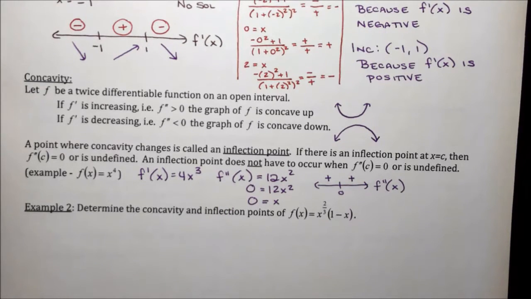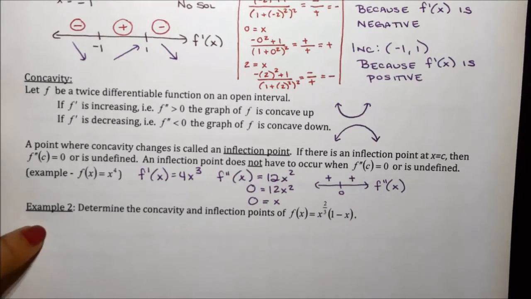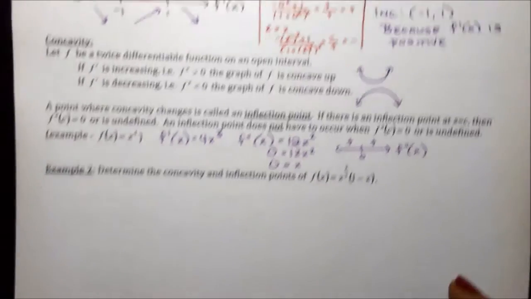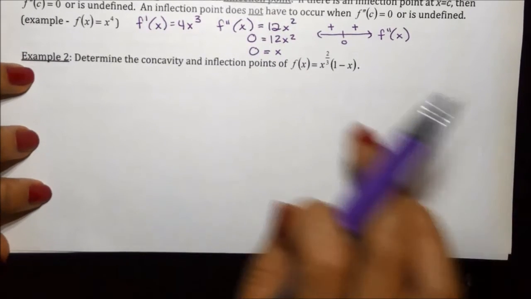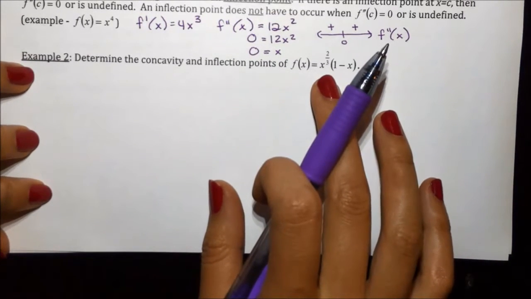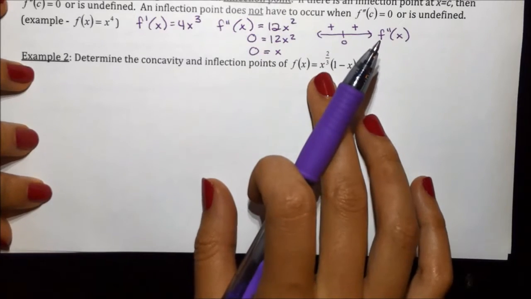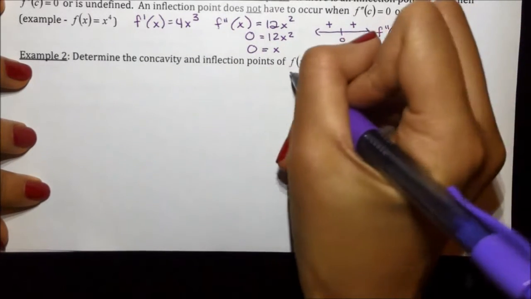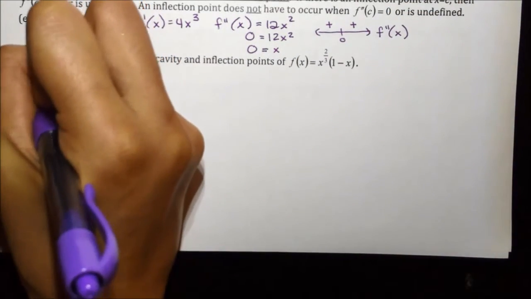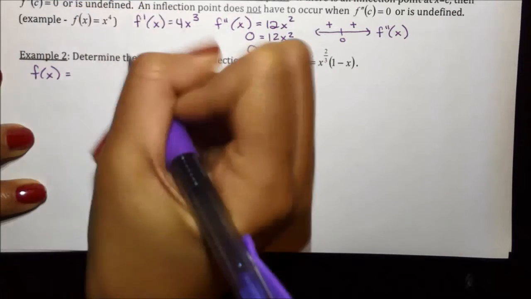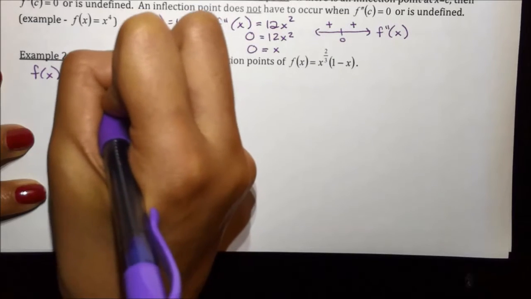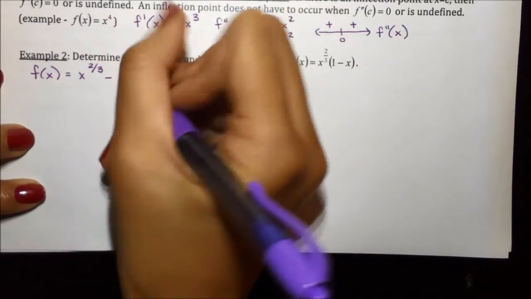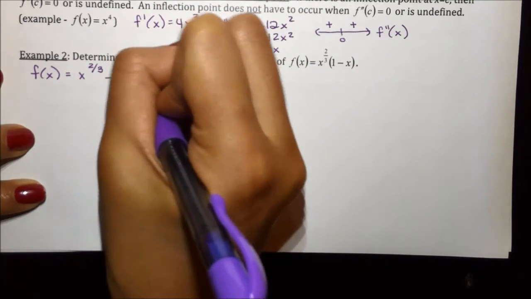Okay? All right, so let's do example 2. Let's determine the concavity and inflection points of this function right here. Before actually solving this, the first thing I'm going to do is make it x to the 2/3 minus x to the 5/3.